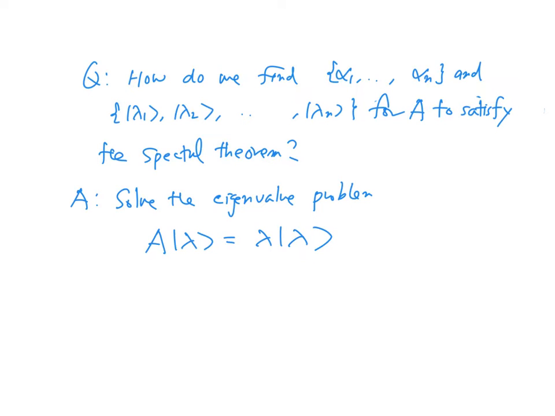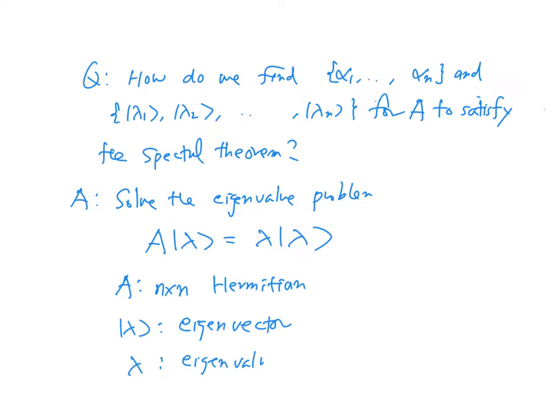Say A is an n by n Hermitian matrix, lambda is called the eigenvector, and this lambda is called the eigenvalue. Actually solving this eigenvalue problem is also quite straightforward.